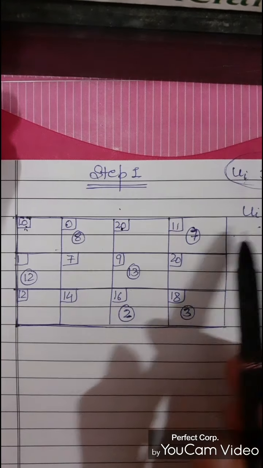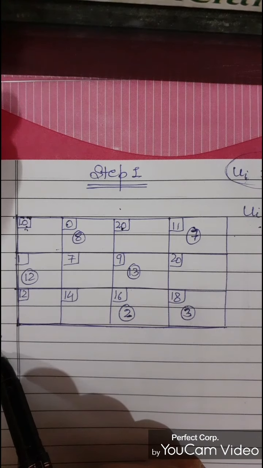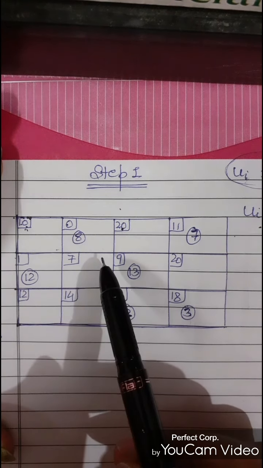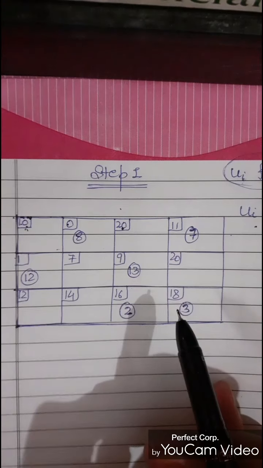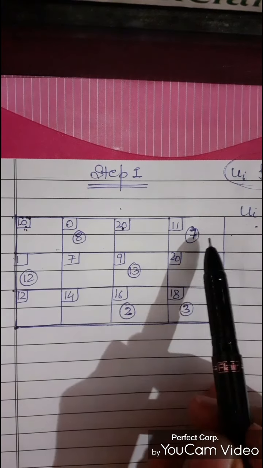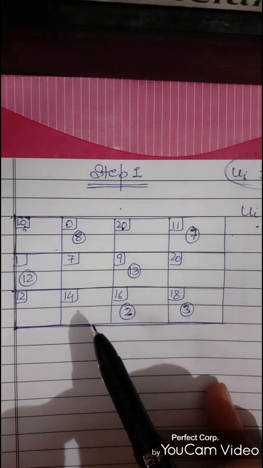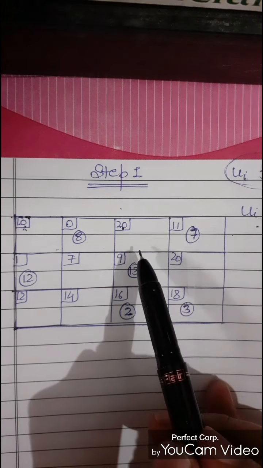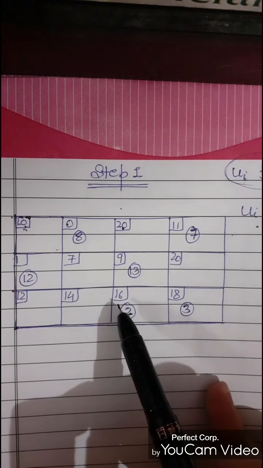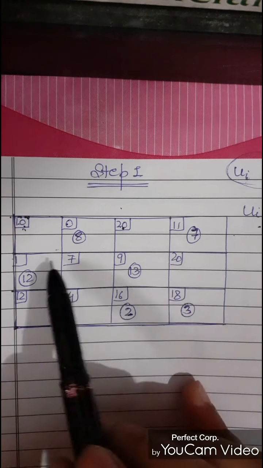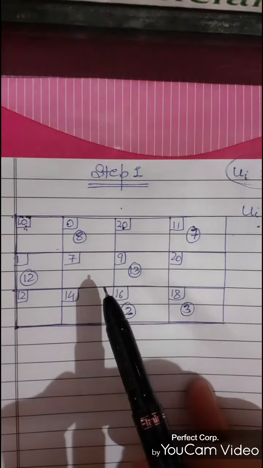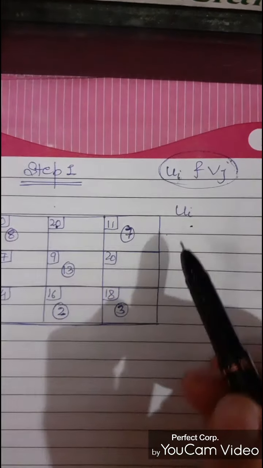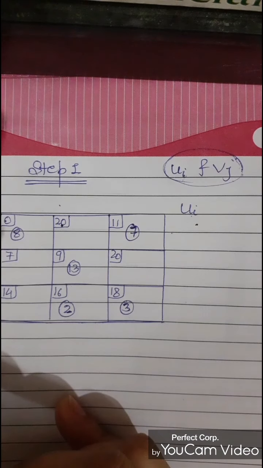While calculating Ui or Vj, the main point to remember is that we first see in the obtained feasible solution which row or column has the maximum number of allocations. If we find such a row or column having the maximum number of allocations compared to other rows or columns, then we assign 0 to that particular u or v value.